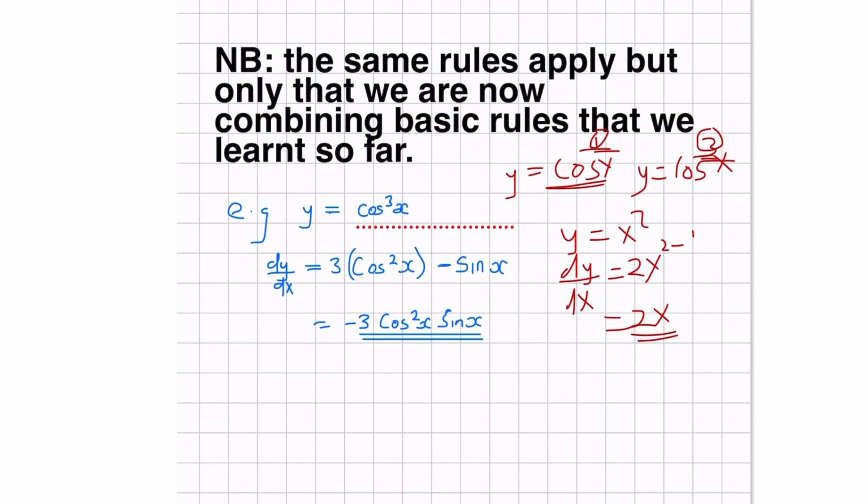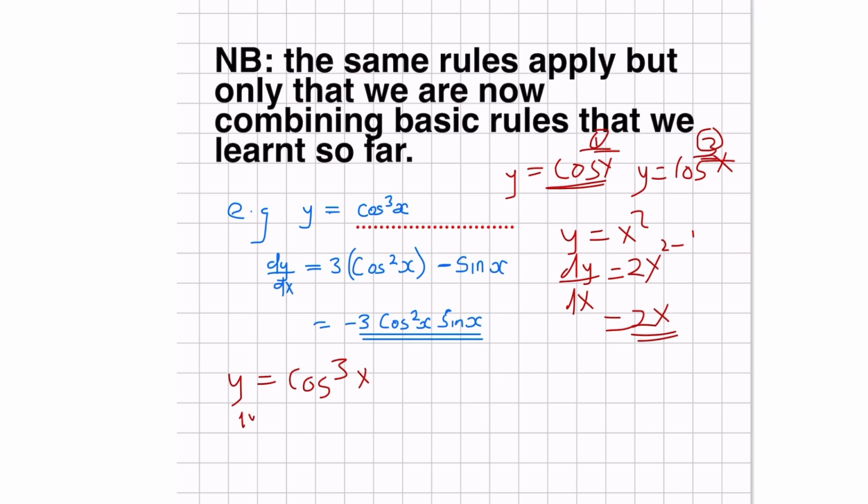We're now combining what we learned in this video with what we learned in the previous video. So remember that the derivative of cos x is equal to minus sine x. So the first step we need to apply is that we have got an expression that says y equal to cos cubed x, right?